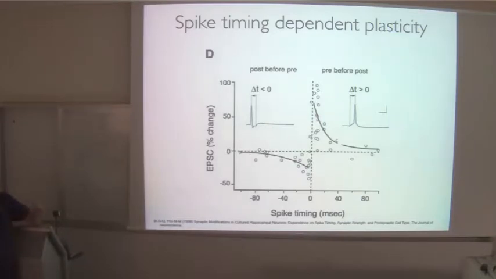So the precise timing of the presynaptic and the postsynaptic neurons is extremely important, and this has been found since then almost anywhere you look. It's in the cerebellum, it's in the cortex, it's in electric fish. Everywhere you look for it, you'll find it.